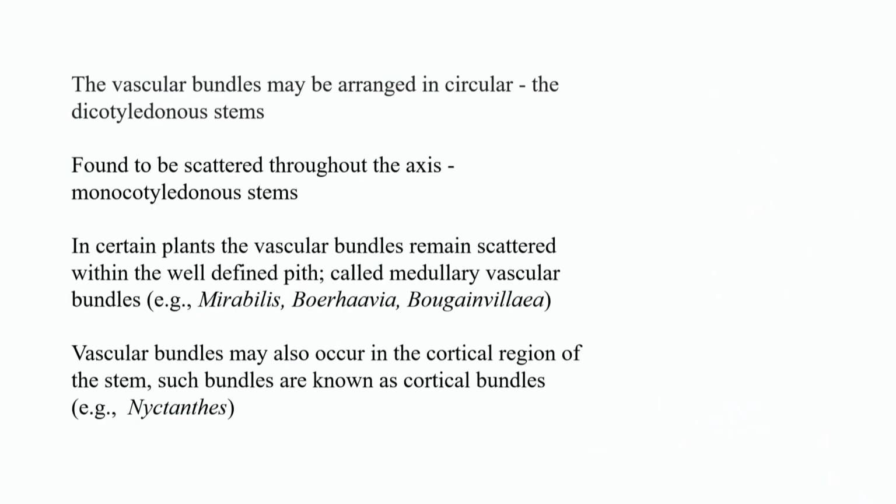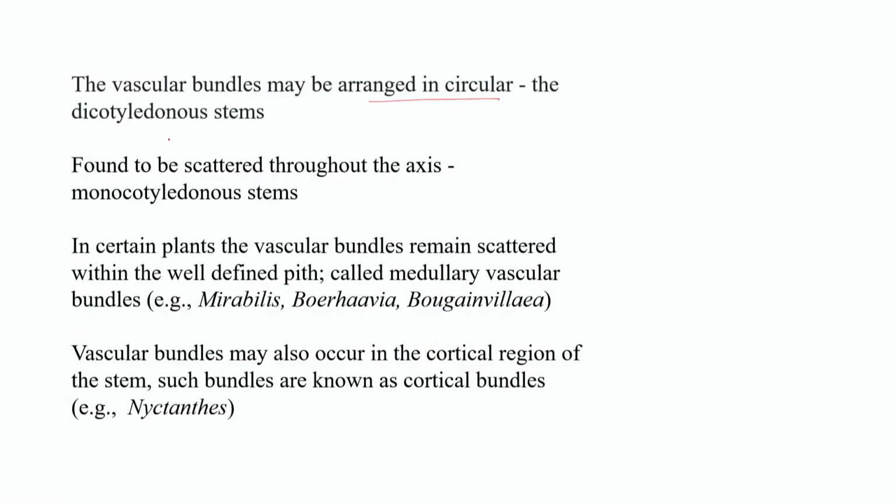Now how these vascular bundles are arranged in different plant types is also very important, and their distribution is quite variable. It is arranged in a circular pattern in the dicotyledonous stem. However, it is scattered in the monocotyledonous stem.